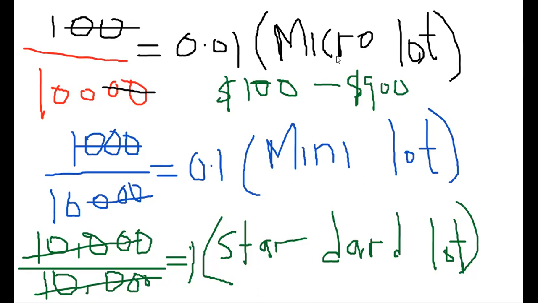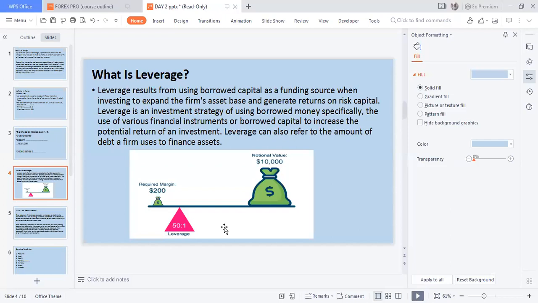The next one I would like to talk about is leverage. Now, leverage results from using borrowed capital as a funding source when investing to expand the firm's assets and generate returns. Leverage is an investment strategy of using borrowed money, specifically the use of various financial instruments. Now, what are we saying? Leverage is like this.